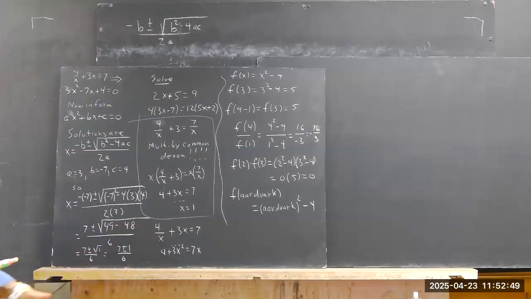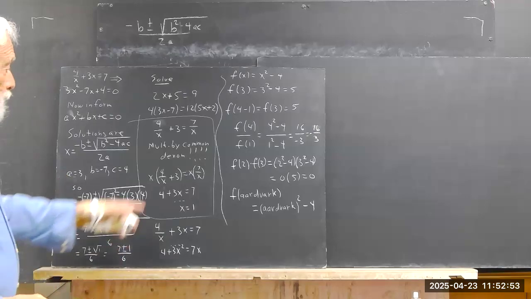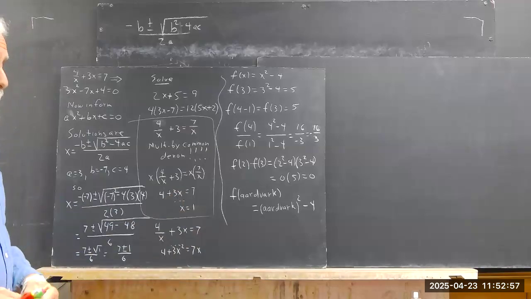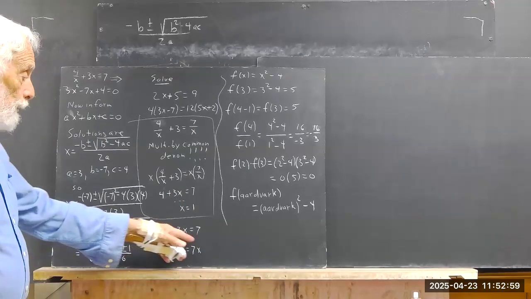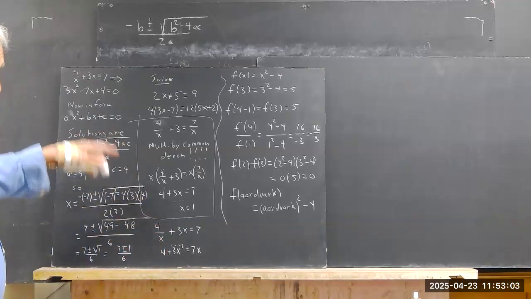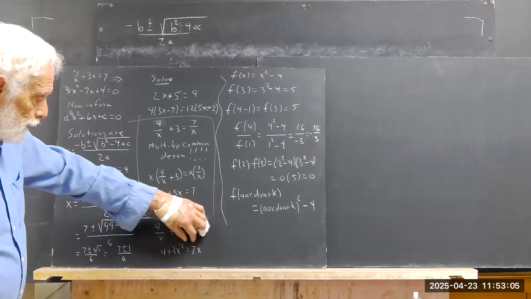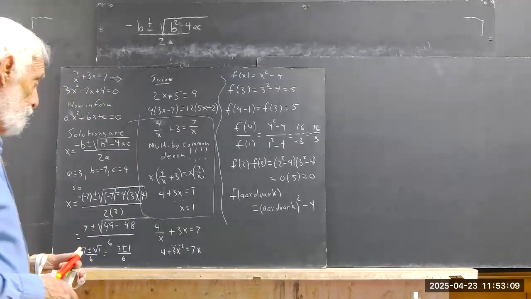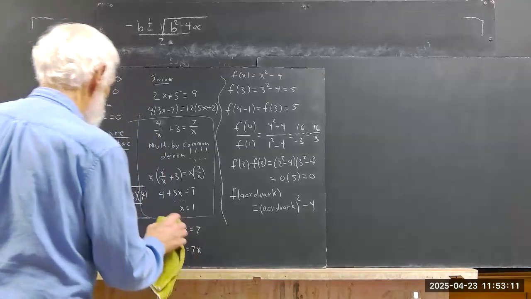And you should be able to do that rearrangement. But at this point, it's not a big deal, as long as you know, at least with linear equations, to multiply by the common denominator. That's how it came about. We multiply this equation by the common denominator, and we get this equation. We subtract 7x from both sides and get this equation. Okay.